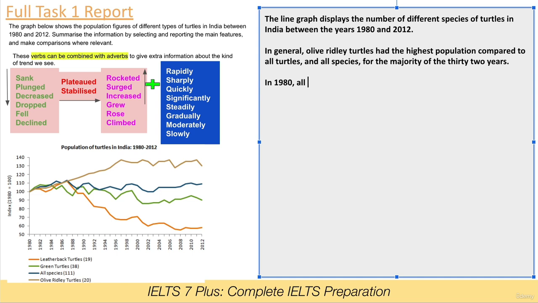All turtles and all species started at a very similar point, 100. Okay. And then what happens? For the first 2 years, we see an increase, particularly with green turtles. They reach nearly 110.